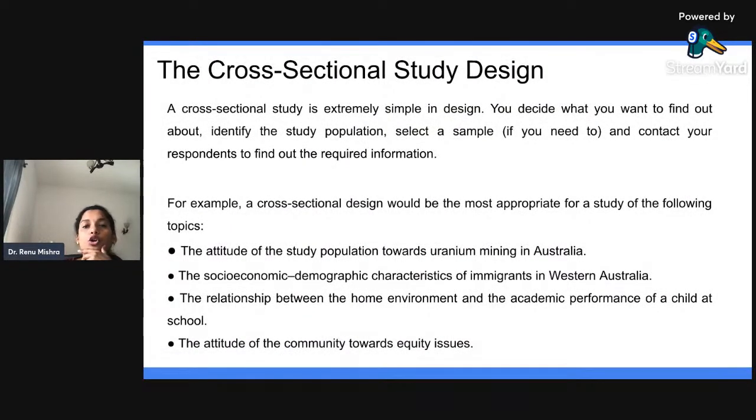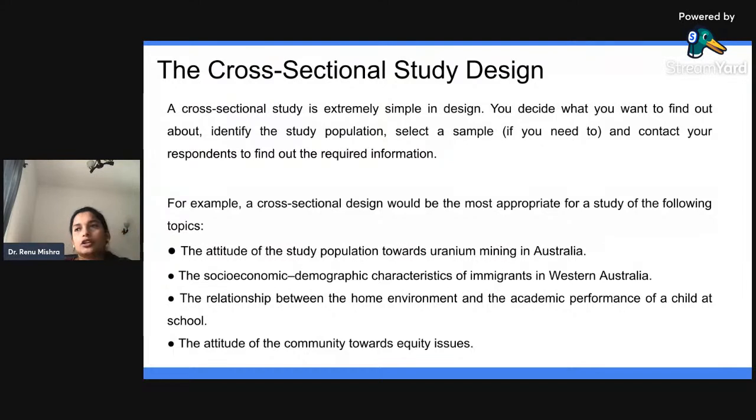Let us talk about this now. What is a cross sectional study design? This is also a very well-known term. Many of you must know it, and many of you must be using it also. I'll tell you a very easy way. In a cross sectional study, it's very simple.